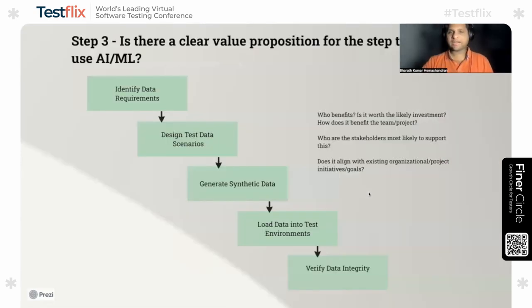So once you do that, the next step would be to identify, does this really make sense? Are there stakeholders that are going to be interested in this? What is the value proposition of using AI/ML versus manually doing it or being able to do it using some other way, right?